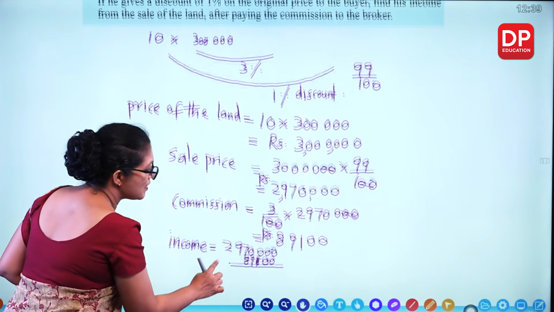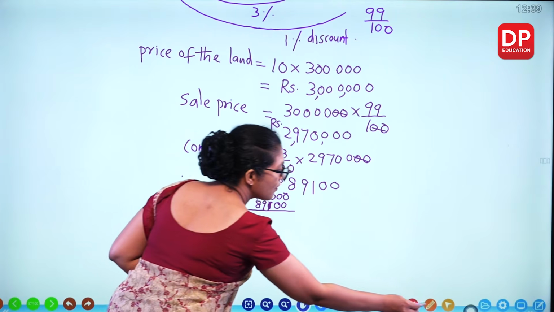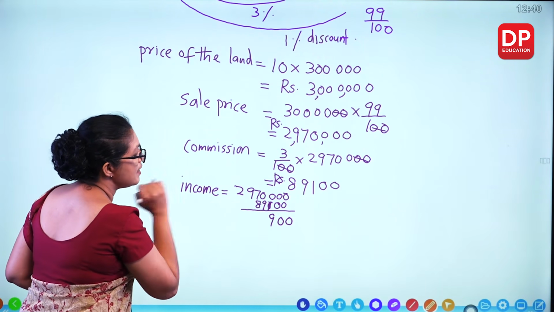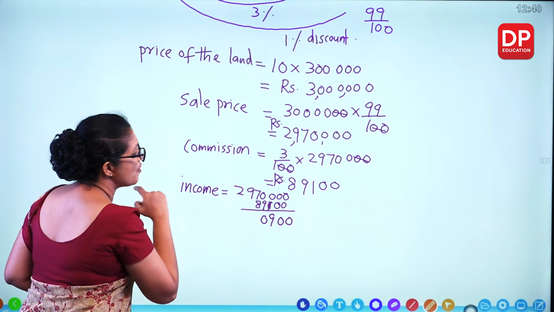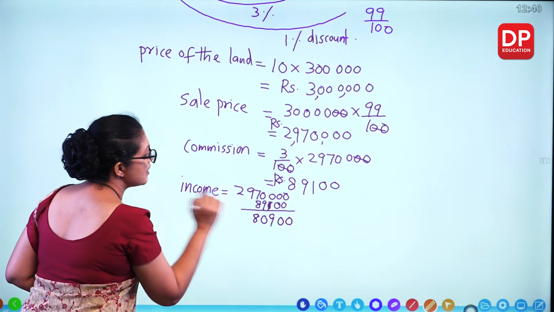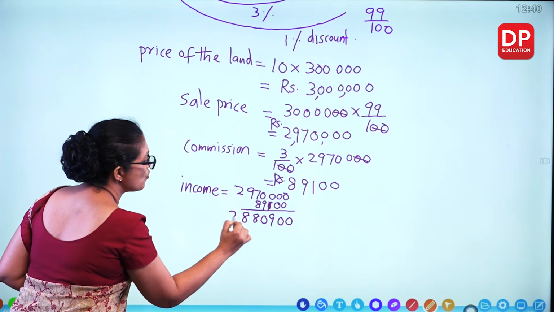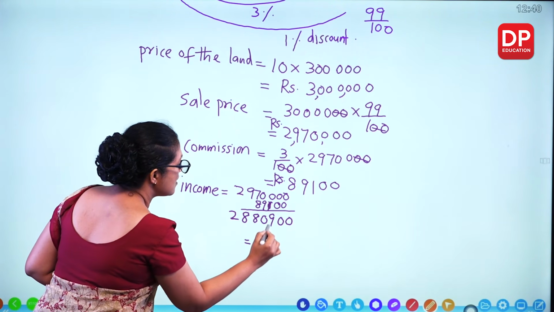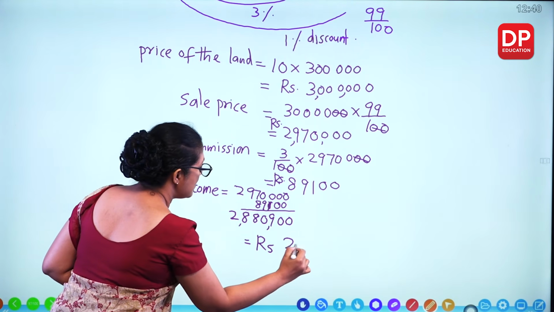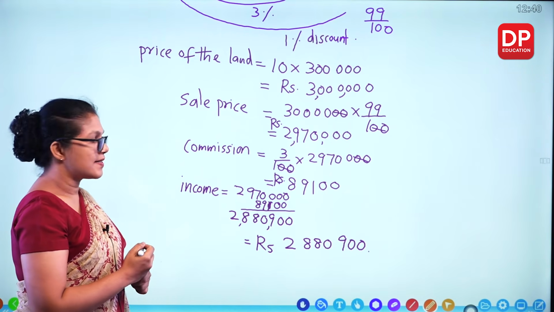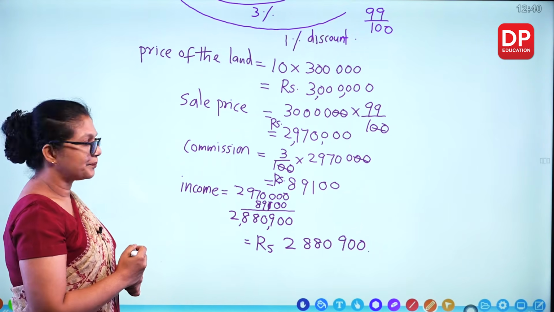Now we'll find out the subtraction. 0, 0, 9 and then here 10, 0 and 9 plus 8, 17, 8, 2. So what's the value? This is 2,880,900 rupees as the income.